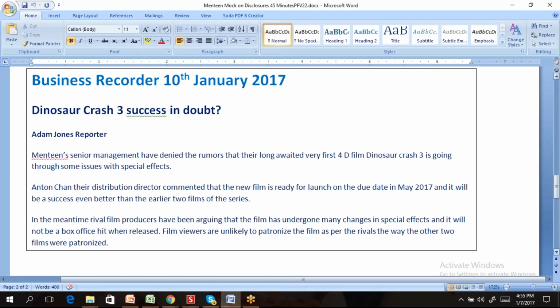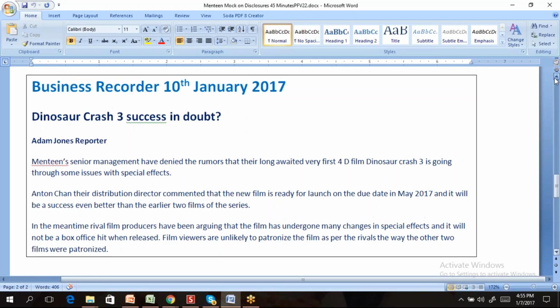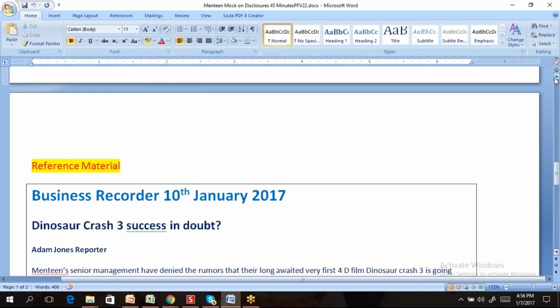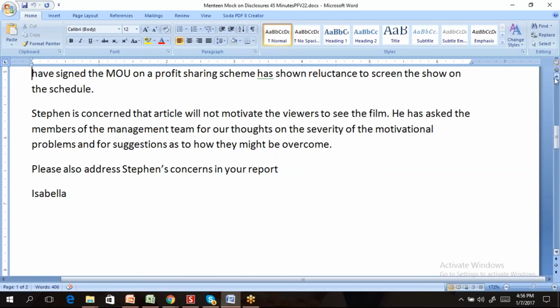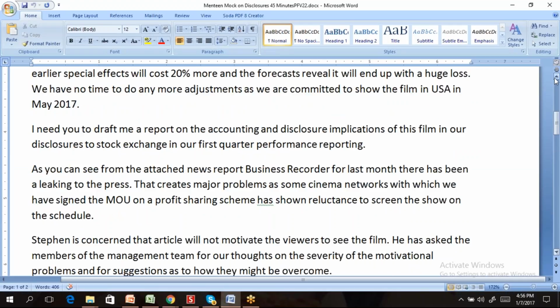Then, of course, we can see surely with this kind of article coming up, when the film is about to be launched, it's not very good news for anyone for that matter. So this is basically the task that we have. What I want to look at first is the accounting implications. Normally, when they talk about accounting implications, as I said, it's a huge loss.